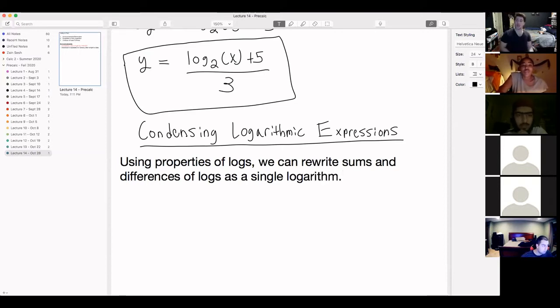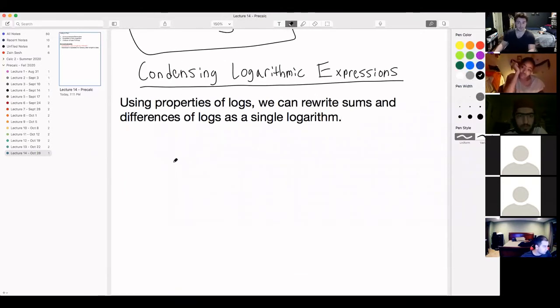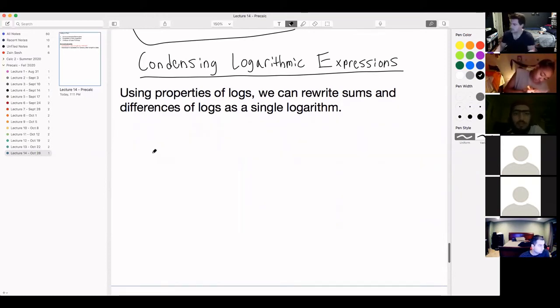Okay, so that's the whole point. We're going to be given a sum or difference of logs, and we want to condense it into a single logarithm. So we're going to be using our product rule and quotient rule in reverse. That's all. So really, we're not doing anything new here. This is really just our previous rules, just under a different context.